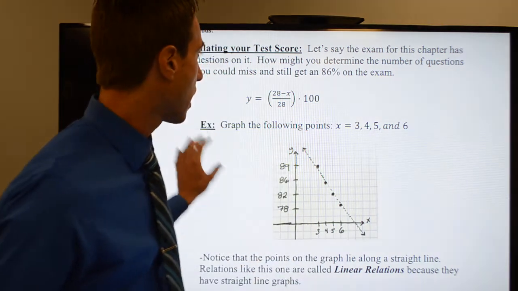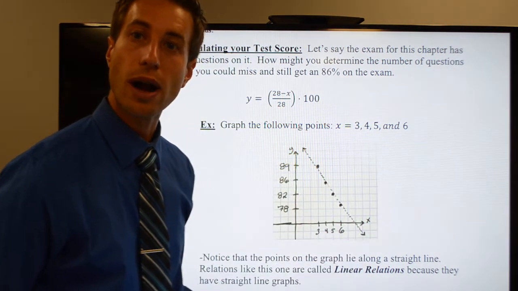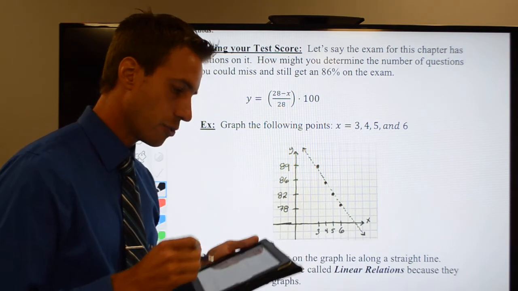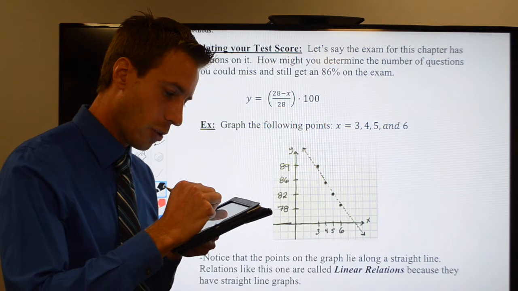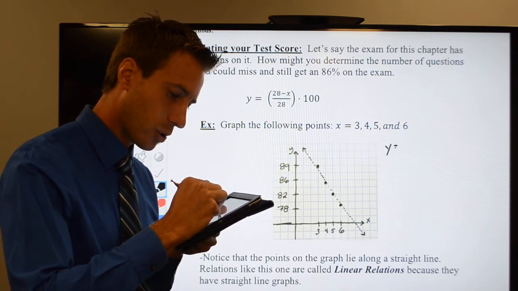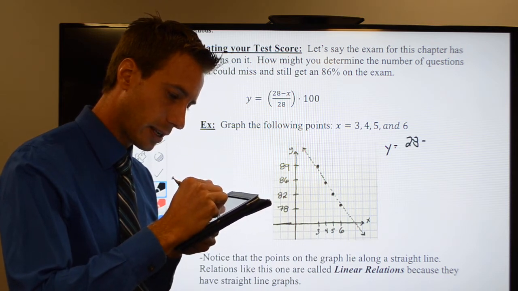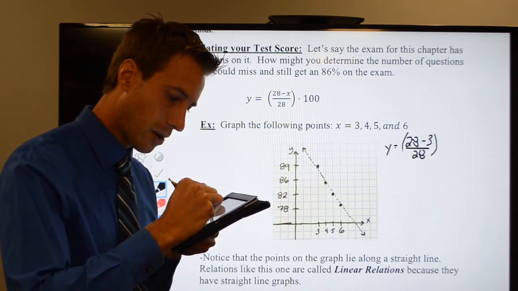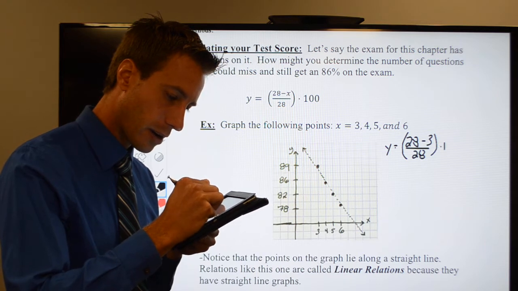I've given you a couple here to try. So let's try the following ones. Let's say that you miss 3 questions. Well, that means then that y would be equal to 28 minus 3, divided by 28. And then once I've done all of that, I would multiply by 100.